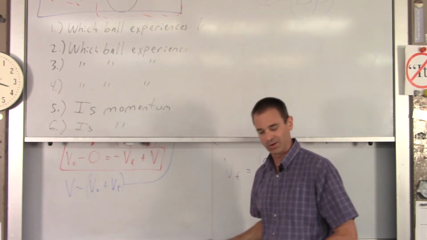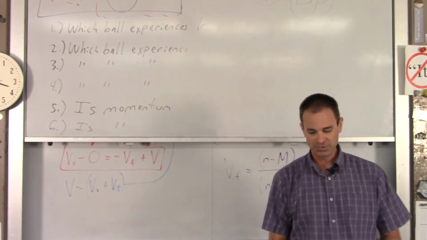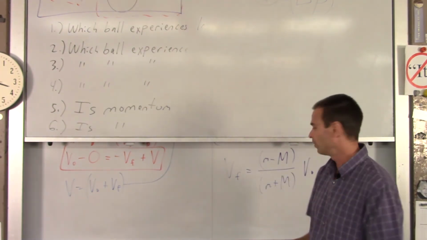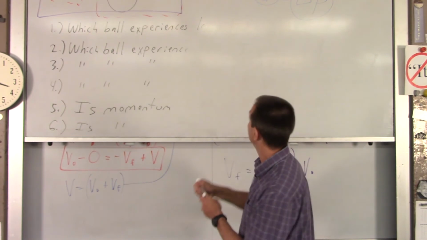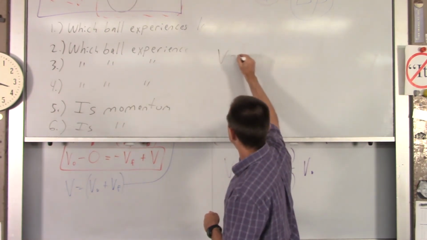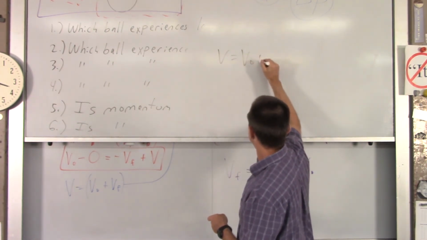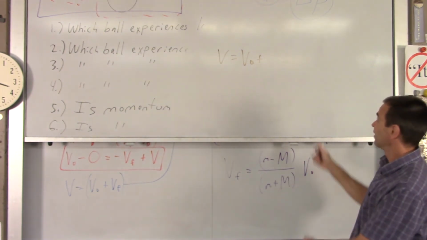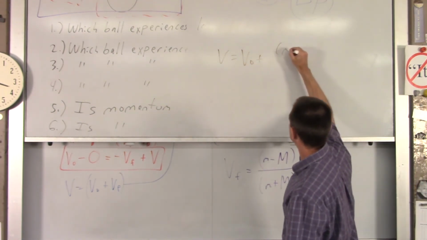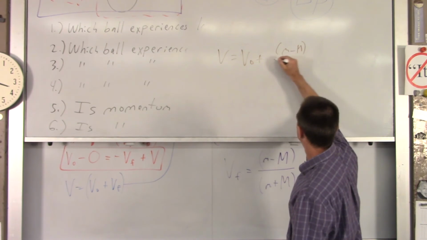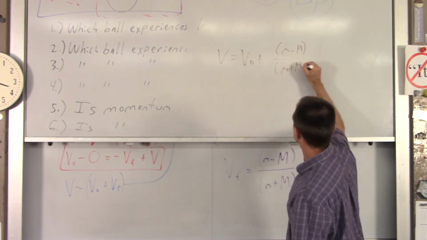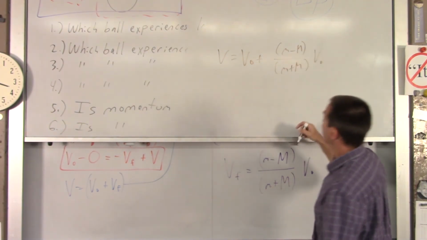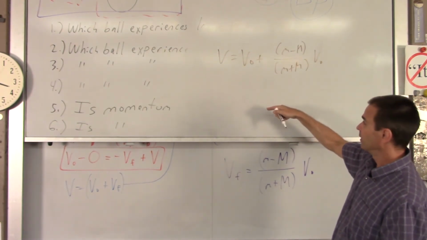We know it's going to go really slow. When you hit a big ball with something small, the big ball rolls off very slowly. Let's see what we get. So starting with the blue equation there, you get v equals v naught plus, that's v final, so that is little m minus big M over little m plus big M, v naught. Okay, I need to get common denominators here to get a fraction.